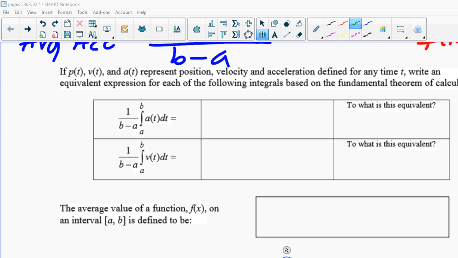Now, the fundamental theorem of calculus says this right here is equal to what? When you integrate acceleration, you get velocity. So the part that I've circled or squared up in green is V of B minus V of A. Okay?